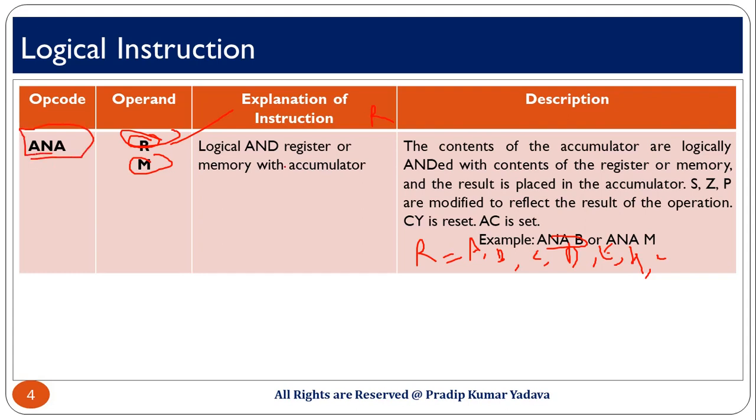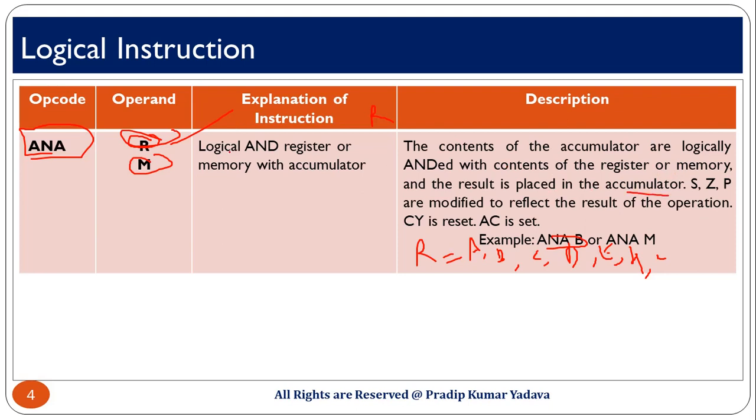Now, talking about what this instruction does. Basically, this instruction is used to perform AND operation. I am not talking about adding, I am talking about AND operation. In digital electronics you have already studied AND operation. So, what happens? The content of the accumulator is logically ANDed with the content of register or memory, and the result is placed in the accumulator.